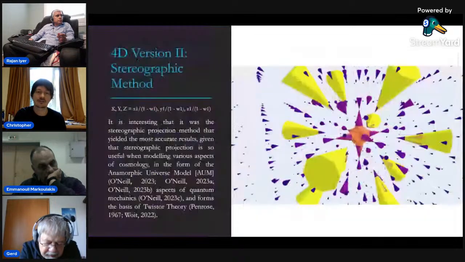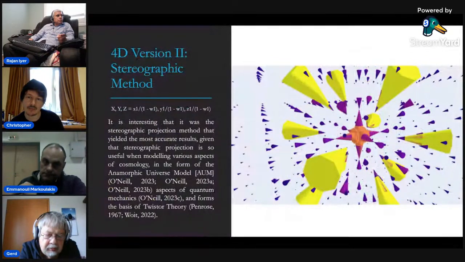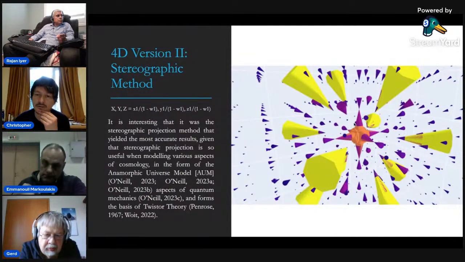So in the second version, I used the stereographic method, and we see that we do get results, although they are a little bit confusing as well. But there's definitely some sort of structure in the center of the gravitating body, and these are quite strong as well.